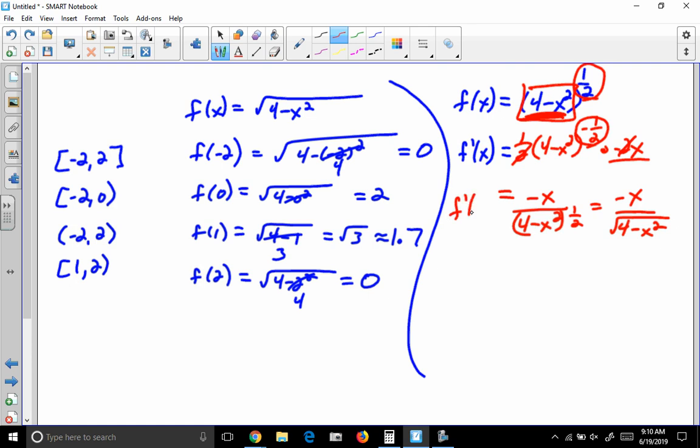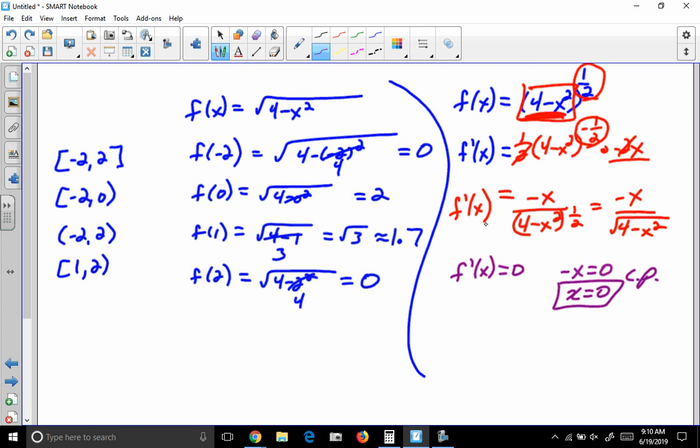So that's our first derivative. Now, if we want to find our critical points, this first derivative is going to be 0 anytime that the numerator is 0, but that numerator is 0 when x is 0. So that's a critical point.